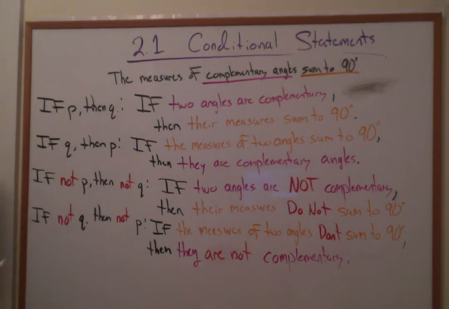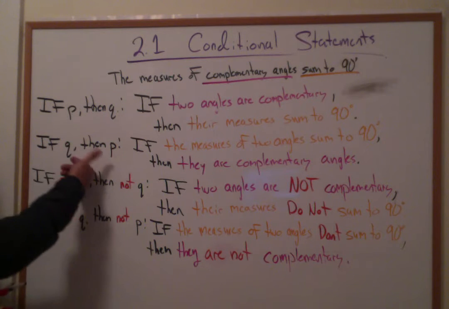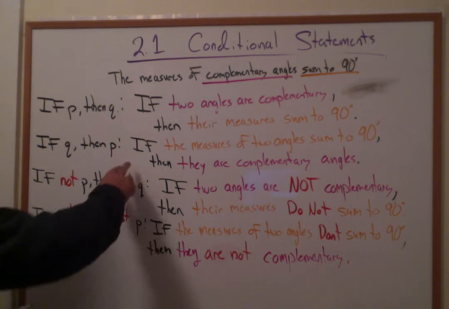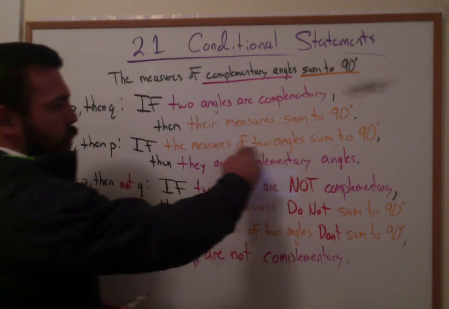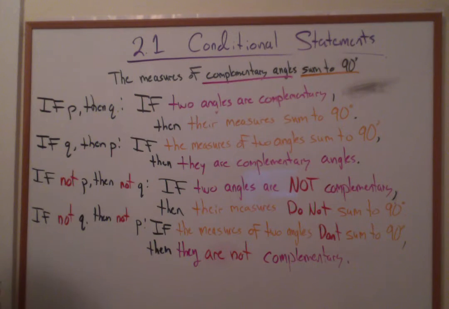The converse takes that hypothesis and conclusion and switches them. So the converse would be if the measures of two angles sum to 90 degrees, then they are complementary angles.